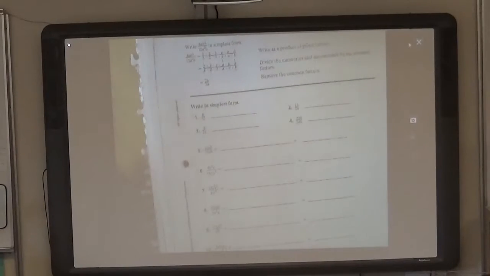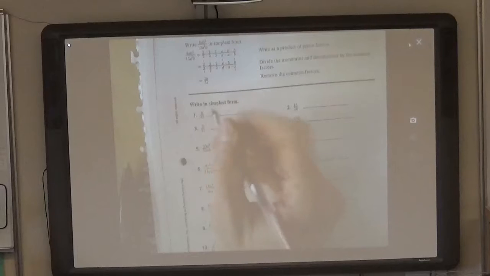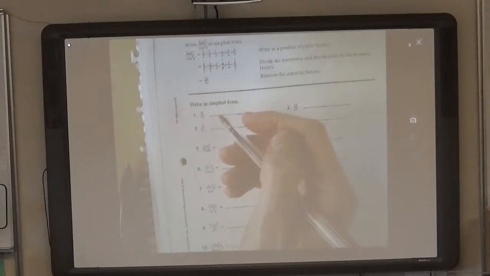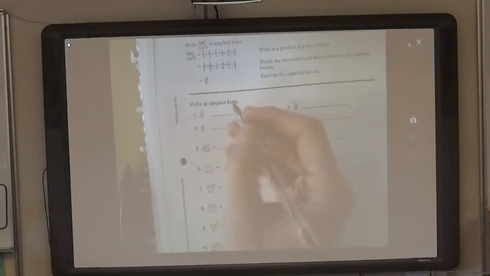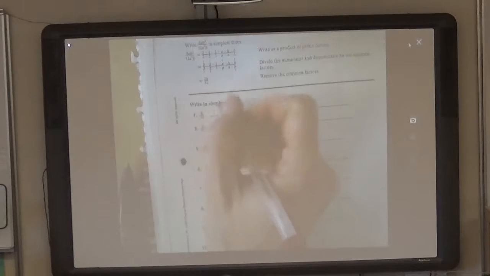So, to start with, the top part is just numbers. 8 over 22. What can you factor out of 8 over 22? You can factor out the 2's, right? So it's 4 over 11.